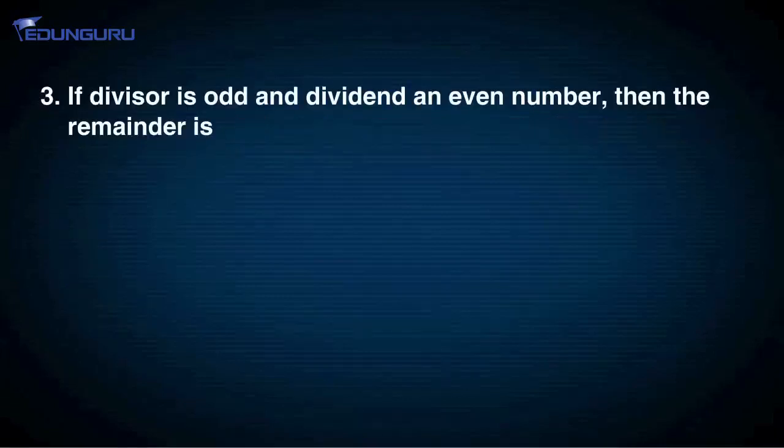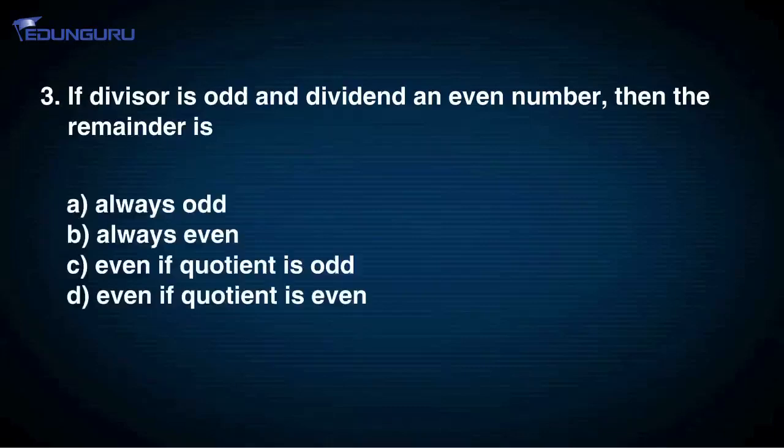Question 3. If divisor is odd and dividend an even number, then the remainder is option A always odd, option B always even, option C even if quotient is odd, and option D even if quotient is even.